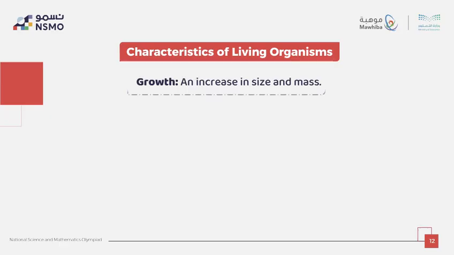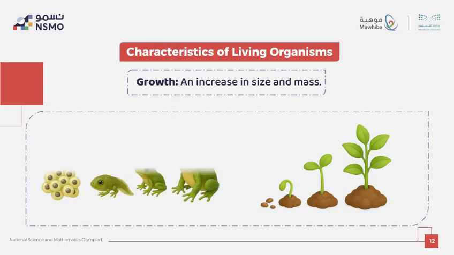The second one is growth. The slide defines growth as an increase in size and mass. Scientifically, growth in living organisms usually involves an increase in the number of cells by cell division, an increase in cell size, or both.